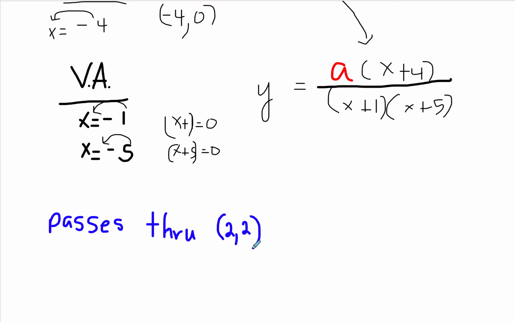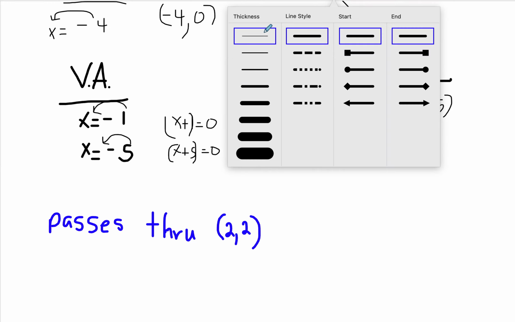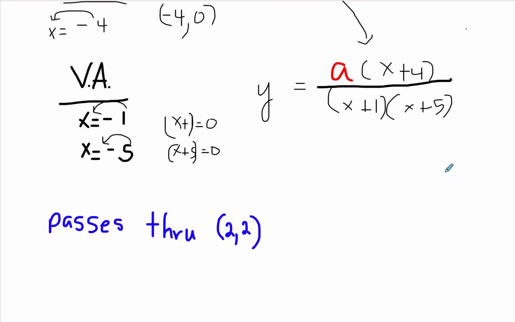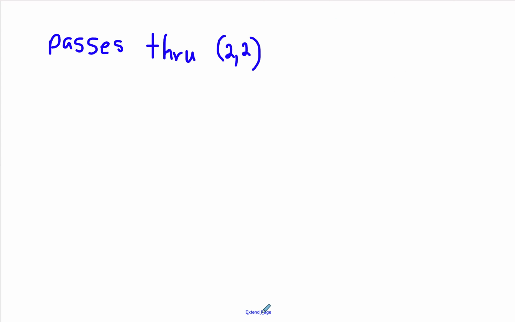Did you notice that? Now, why is the horizontal asymptote equal to 0? Well, let me show you with this breakdown before we pass through the point (2, 2). All right, so if I multiply this through, and I forget this little a just for a second, we'll scroll it down a bit. So I've got x plus 4, and on the bottom, x plus 1 times x plus 5 becomes x squared plus 6x plus 5.